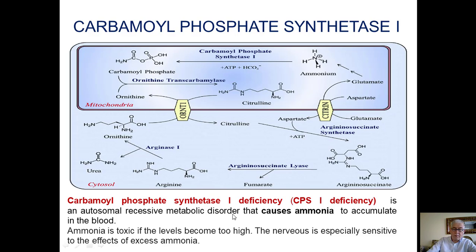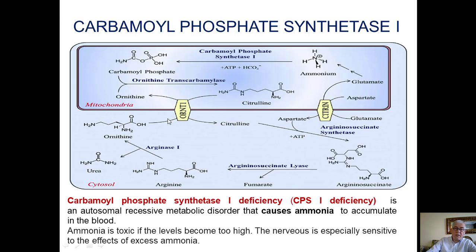Carbamoyl phosphate synthetase 1 deficiency is an autosomal recessive metabolic disorder that causes ammonia to accumulate in the blood. We know very well that ammonia is toxic if the levels become too high, and the nervous system is especially sensitive to the effects of excess ammonia.